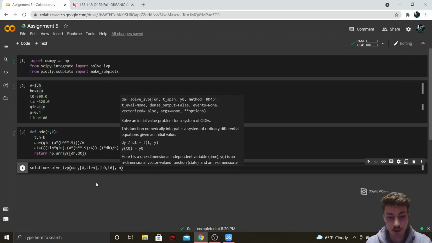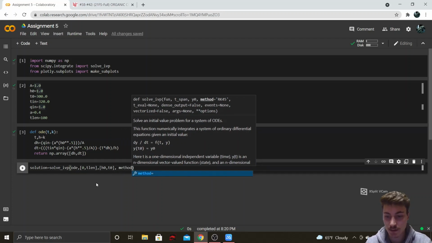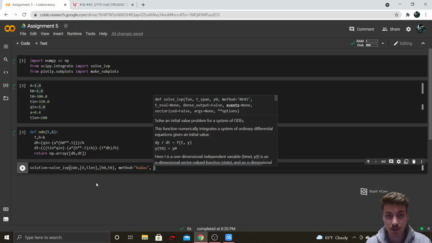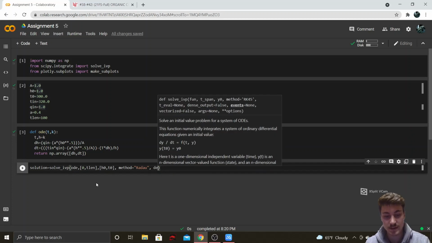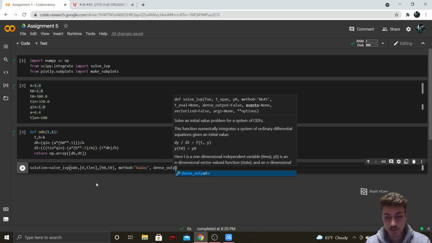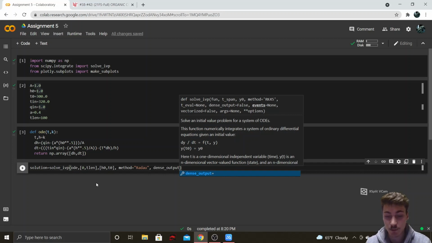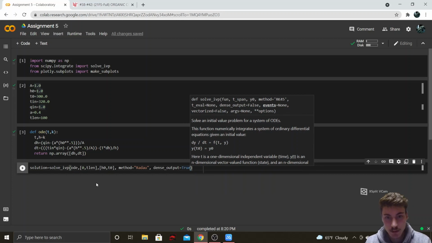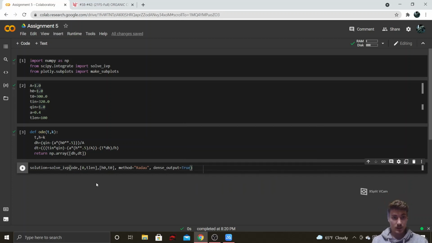And then we want method equal to, we are going to be using the Radau, and then we also want our dense_output to be equal to true. Do I have that right? Yes.